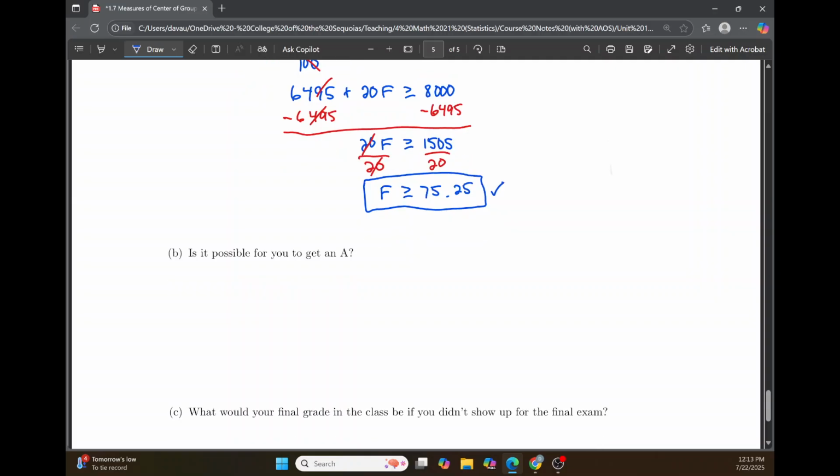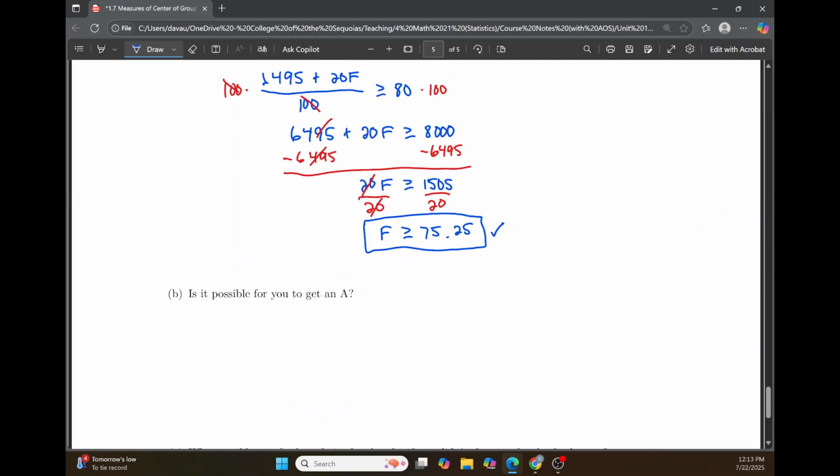We would need (6495 + 20F) / 100 to be greater than or equal to 90. Which means we would need 6495 + 20F to be greater than or equal to 9,000.